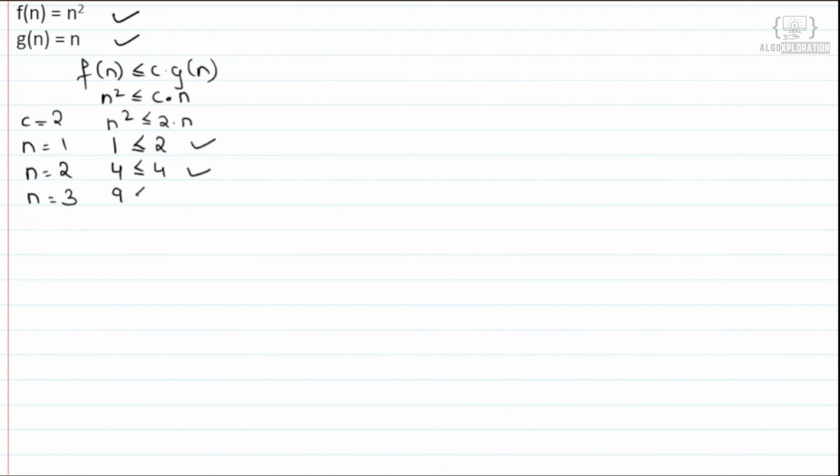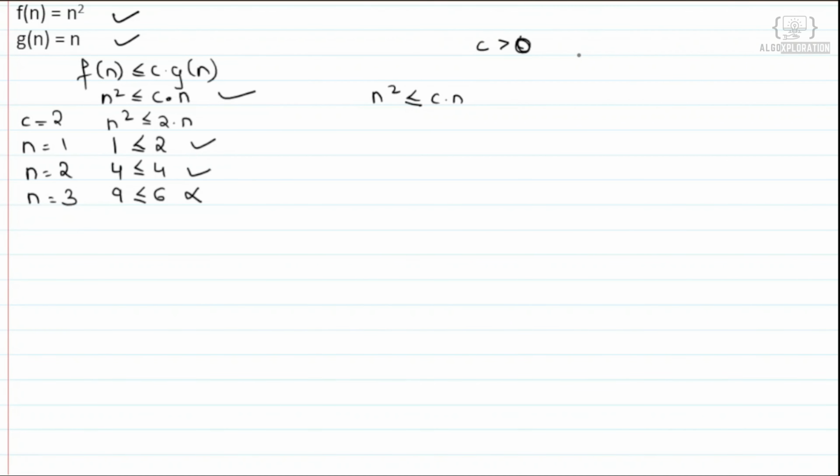9 is less than or equal to 2 into 3, which will be 6. Here it is false. So this is not possible because to satisfy this condition that n square is less than or equal to c into n, here there is a difference of function, and we know that c is a constant which is greater than 0.